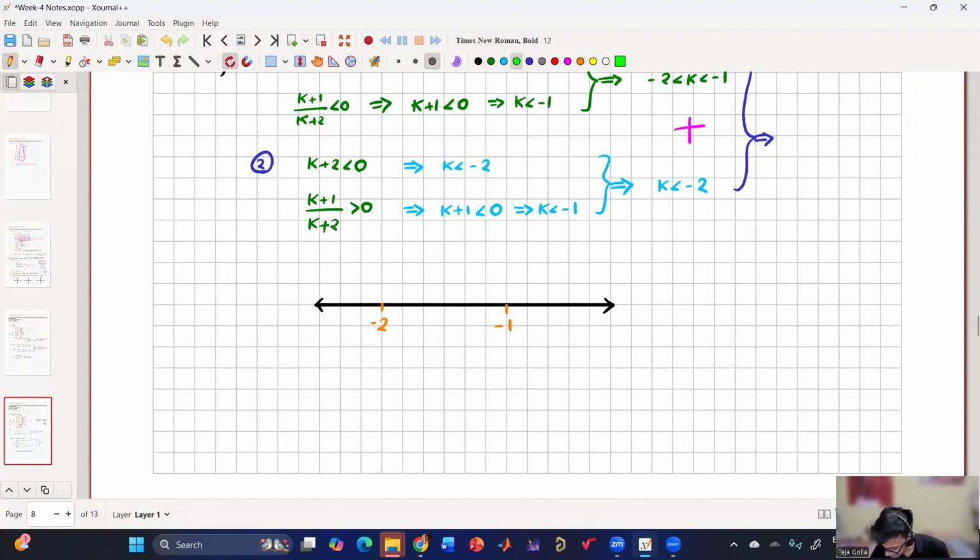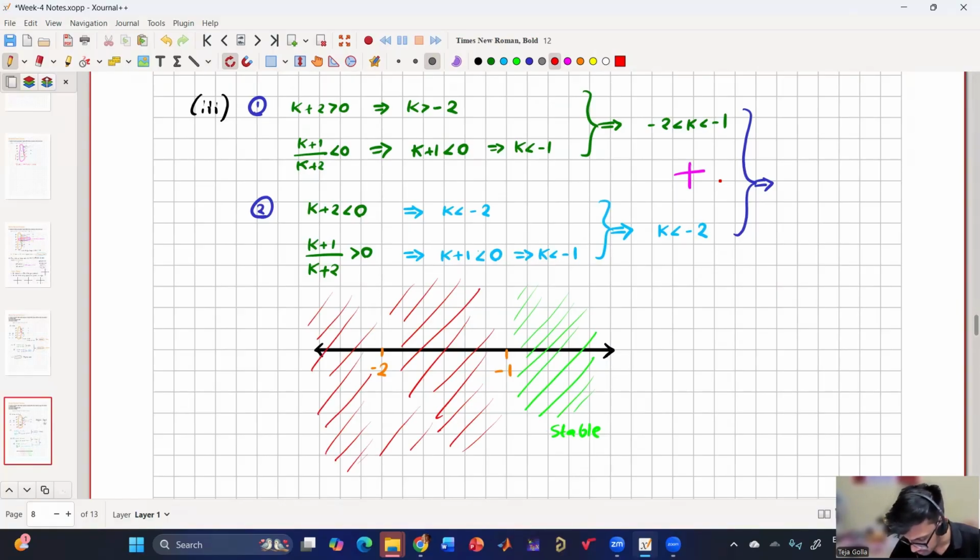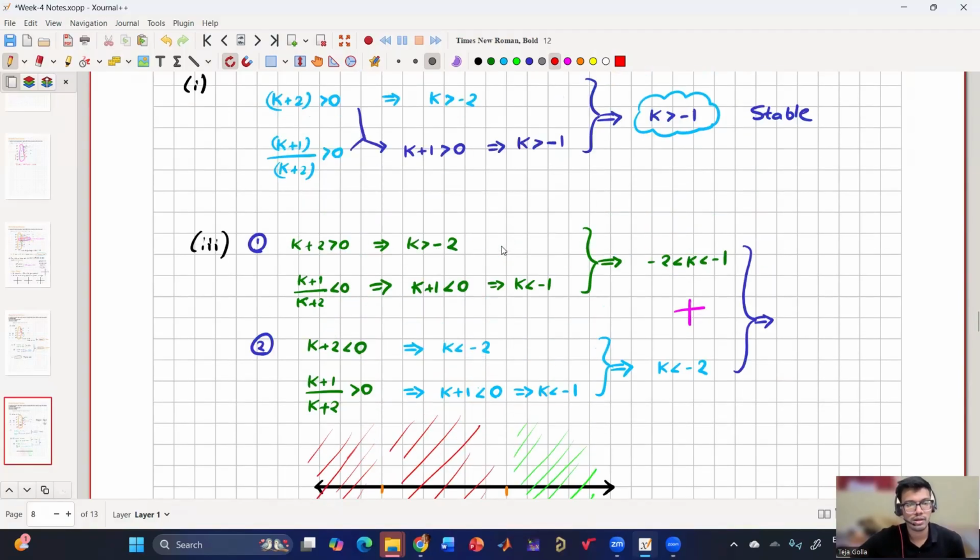I'll consider green color. So anything in this region is stable. And anything in minus 2 to minus 1 is unstable. I also got if K is less than minus 2, again it will be unstable. Right? Got it?